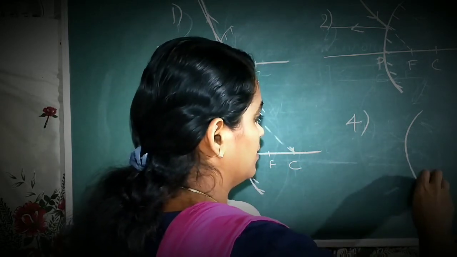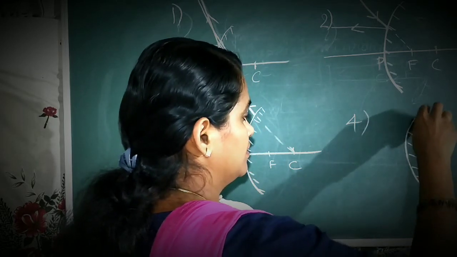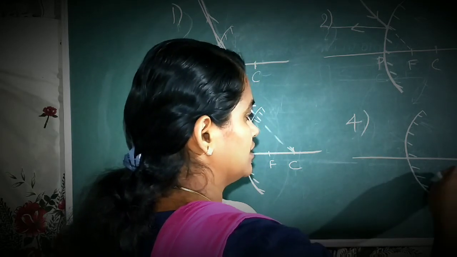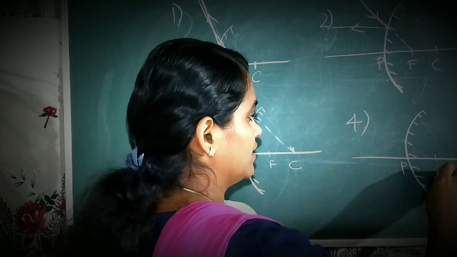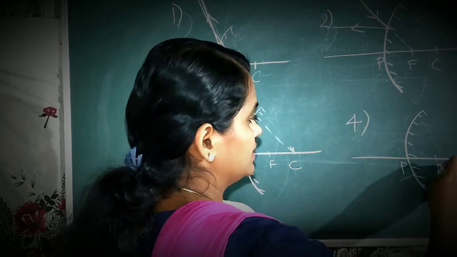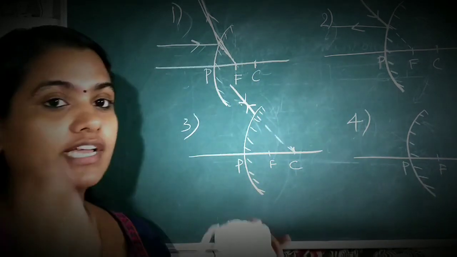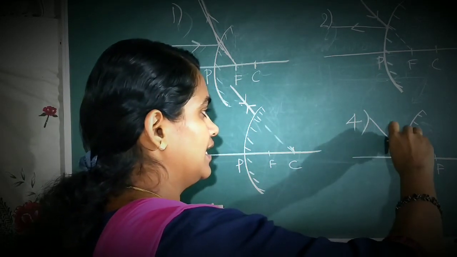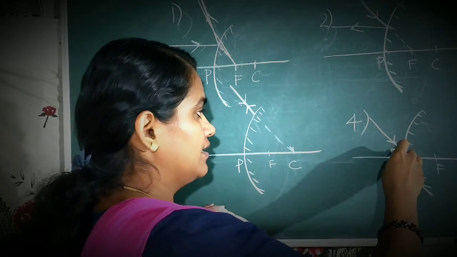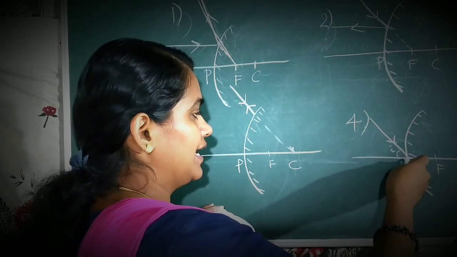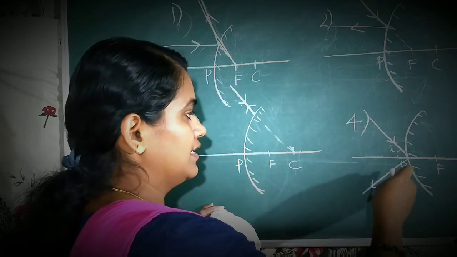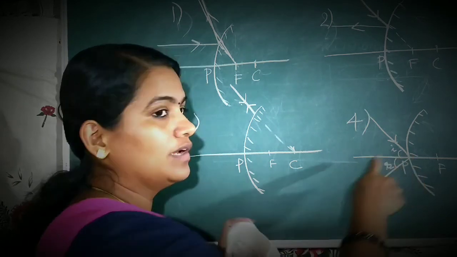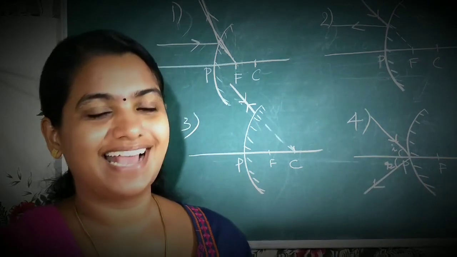Okay. We have a convex mirror, then the principal axis, center of curvature C, point P, then the focus F. So here, if the incident ray is incident at the pole at an angle I, then the reflected ray will be like this, with an angle equal to the incident angle.